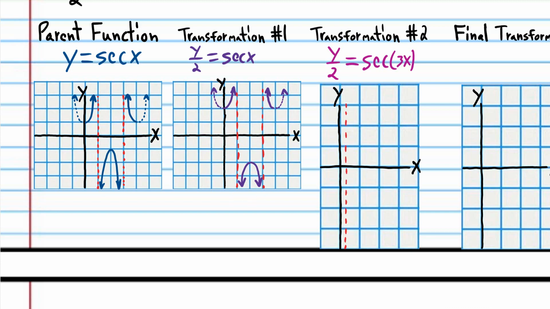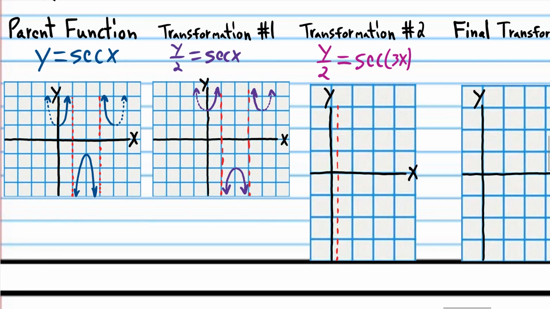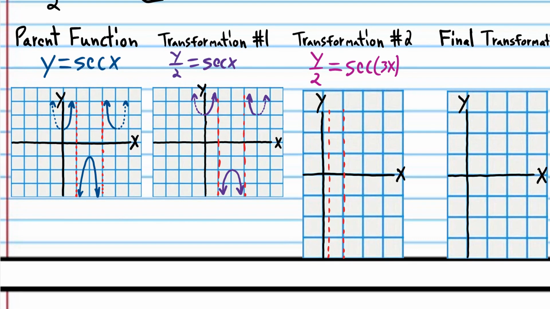I know that's kind of tedious, but sometimes these graphs can get tedious. So the equation of this asymptote over here is x is equal to 270 degrees. So divide by 3 and you get 90. So that asymptote would be there. We're dividing all the x values by 3.